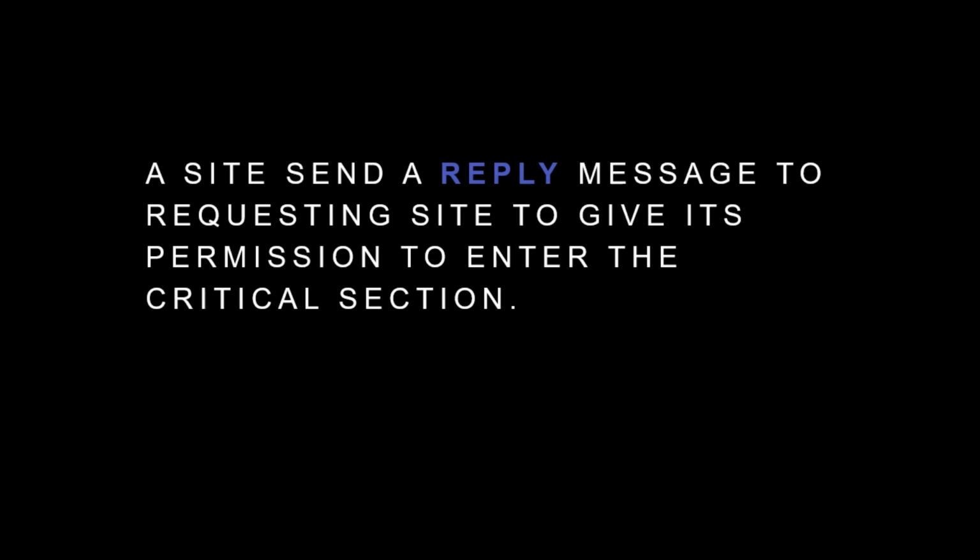A site sends a request message to all other sites to get their permission to enter the critical section. A site would send a reply message to the requesting site to give its permission to enter the critical section. A site would then send a release message to all other sites upon exiting the critical section.